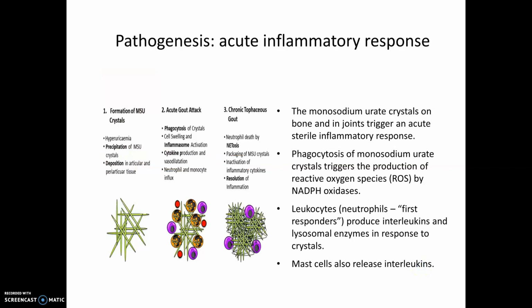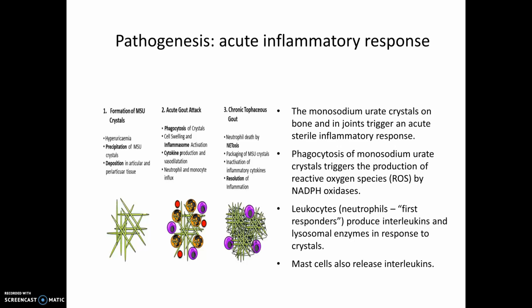The pathogenesis of gout is really the pathogenesis of an inflammatory response. And you can see from this schematic here that the body is responding with an inflammatory response to target the monosodium urate crystals. And you can see this response here.